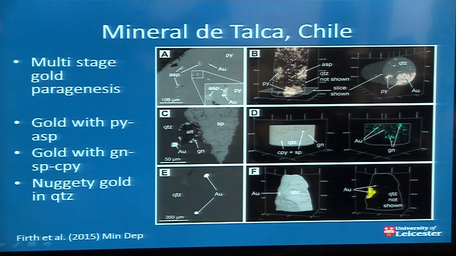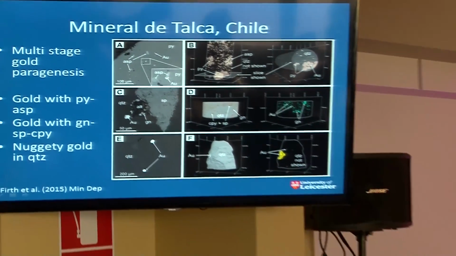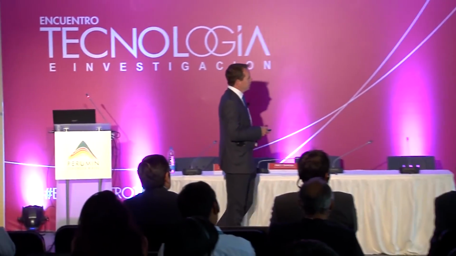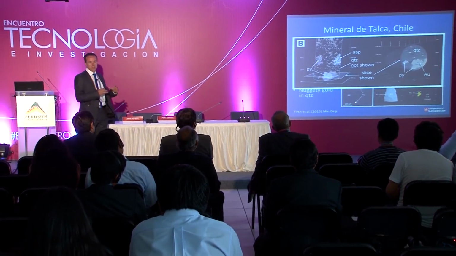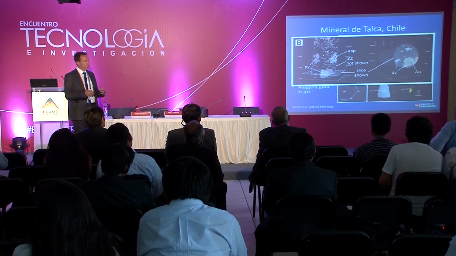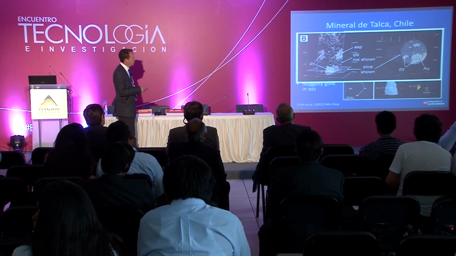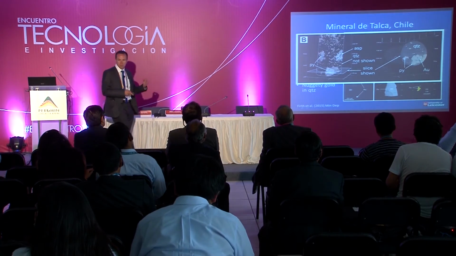So we've got 1, 2, 3 different styles. The first one, again, we used the SEM techniques to identify gold, arsenopyrite, and then we did some CT scanning of that, and that gives us that 3-dimensional textural associations. And we found that we've got these nice euhedral pyrites in here, and it's within those pyrites that we get the gold there.